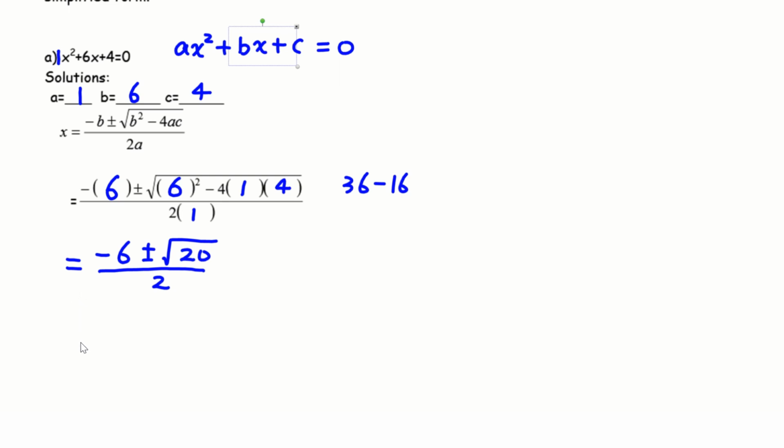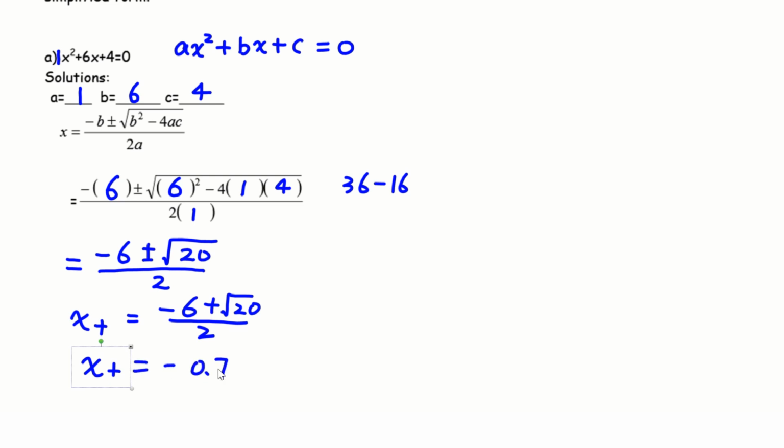Now after that, you could use your calculator to find out what the x value will be. If we want to keep 2 decimal places, then for x plus, we have the plus sign. You have the negative 6 plus square root 20 over 2, and the x plus equals negative 0.76.